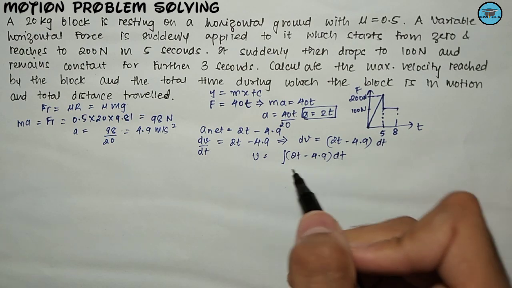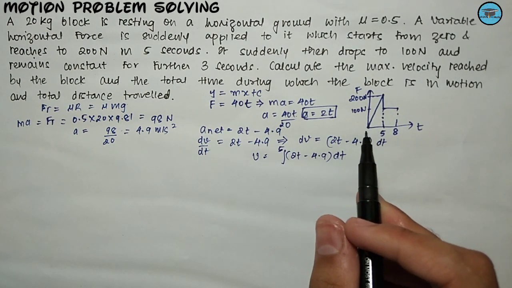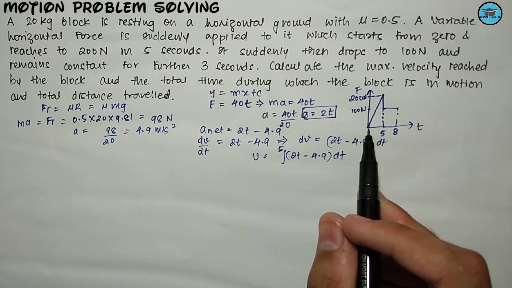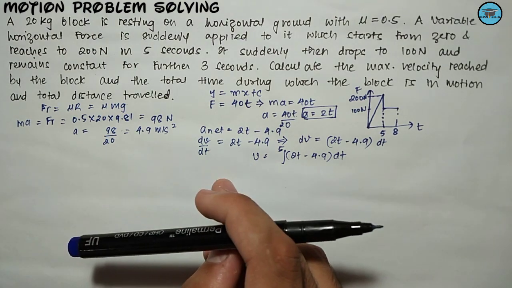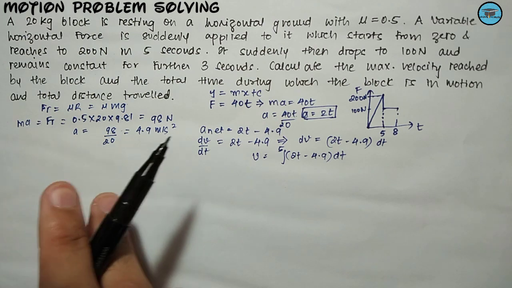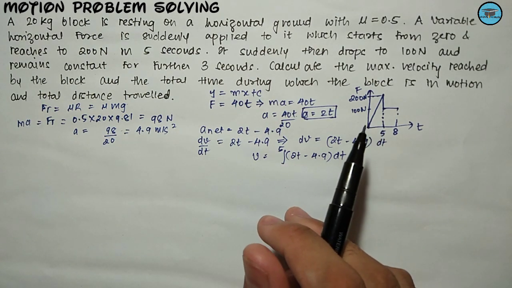The final limit is 5 seconds, but for the initial limit we don't need to take 0 seconds, as the motion won't start at 0 seconds. Initially the force would start to increase, and once the force overcomes the frictional force, the motion will begin. So we need to determine the time at which the motion will begin.